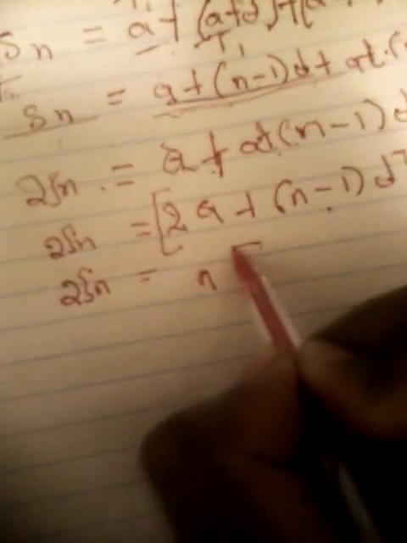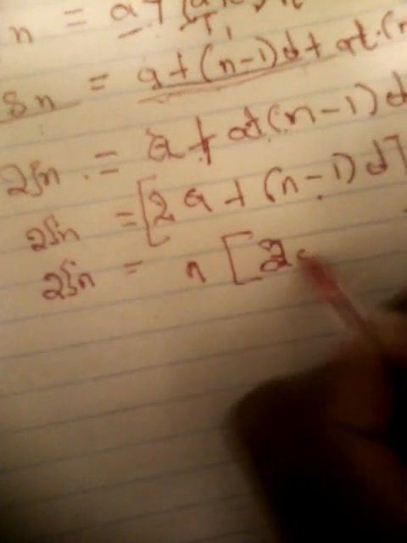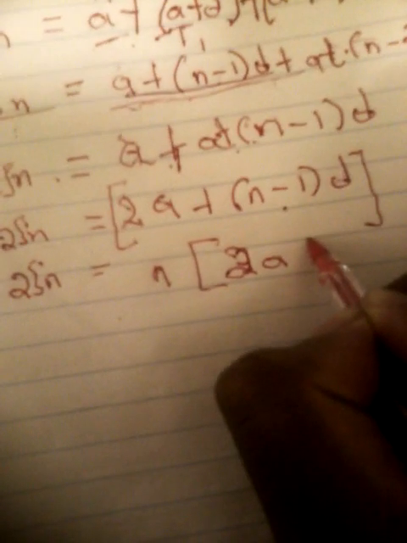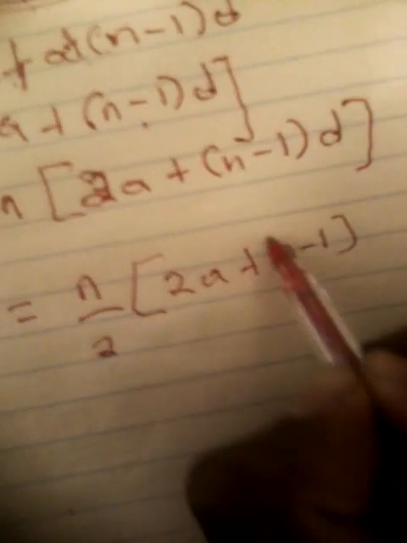When I say n, all into 2a and 2a plus n minus 1 d, both terms divided by 2, then you find Sn is equal to n divided by 2, the 2 from that side, open the brackets, 2a plus n minus 1, then you close the bracket d.